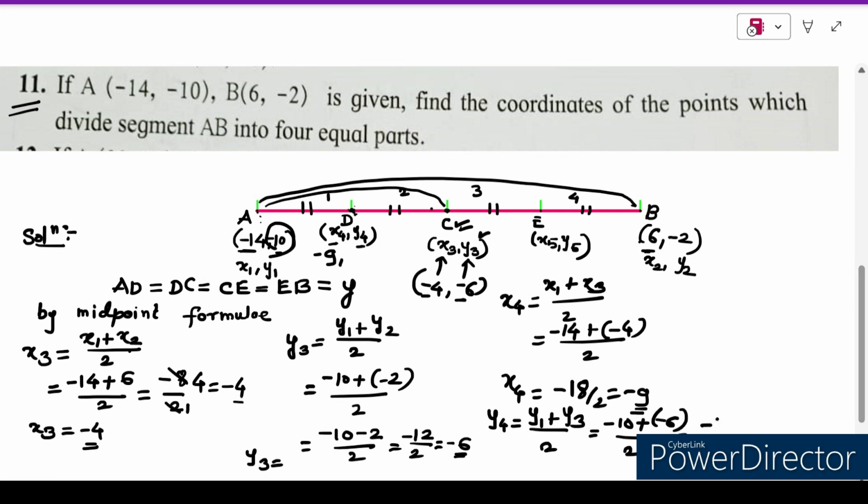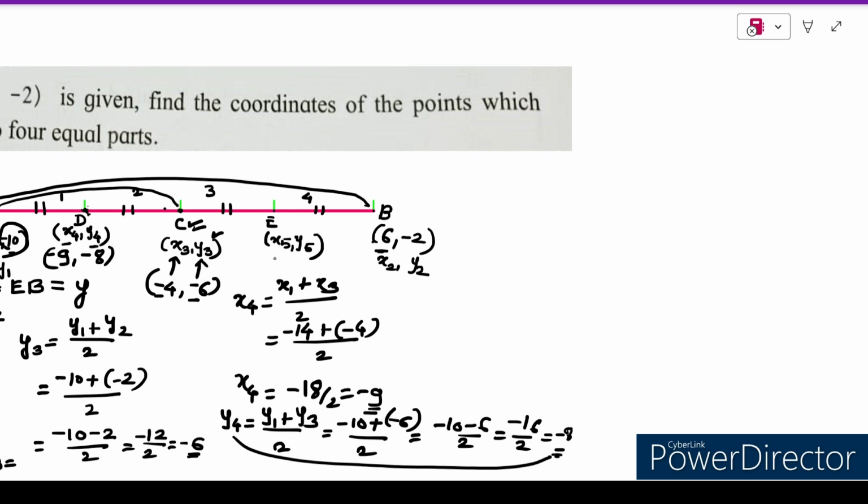Therefore it is minus 10 minus 6 divided by 2, that is minus 16 by 2, which equals minus 8. This is the value of y4, the y coordinate of point D. This is minus 8.